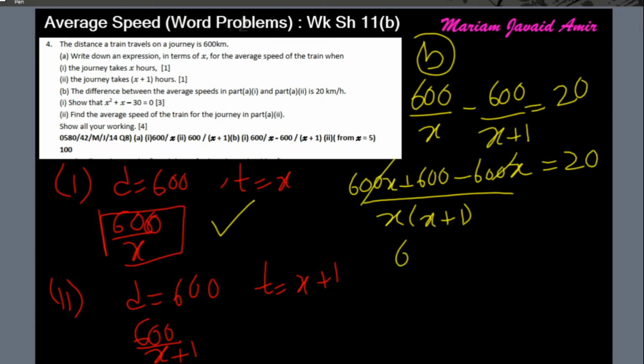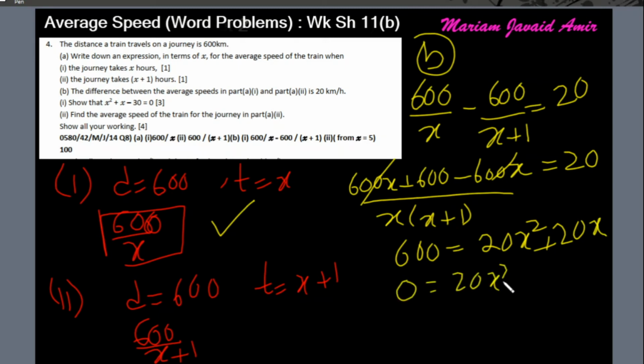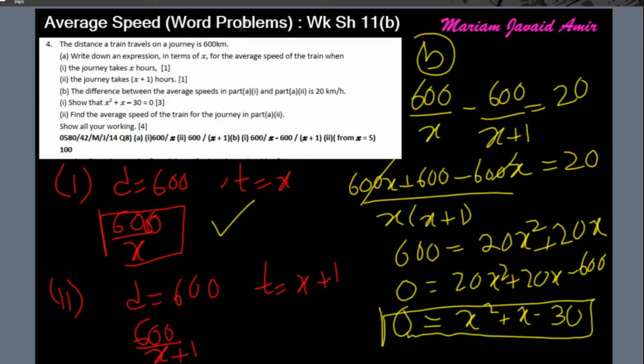So we get 600 equals, I'm going to open the brackets and take it to the other side, plus 20x. So we get 0 equals 20x square plus 20x minus 600. I'm going to take 20 common and then divide it with 0. So I get x square plus x minus 30, which was the desired equation.